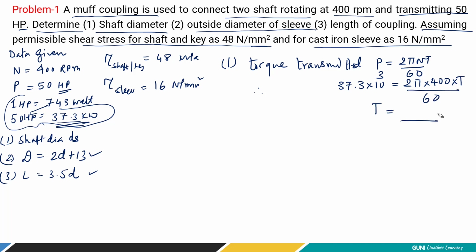What is the torque value? It is 891 Newton meter. Now from this, let's find the shaft diameter.